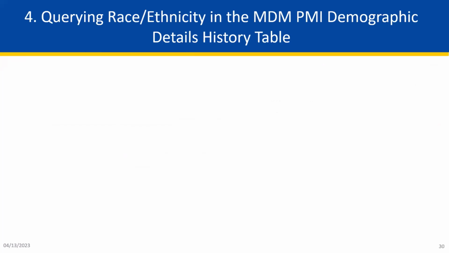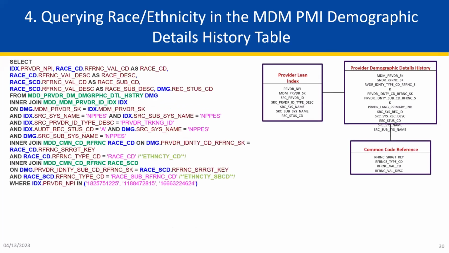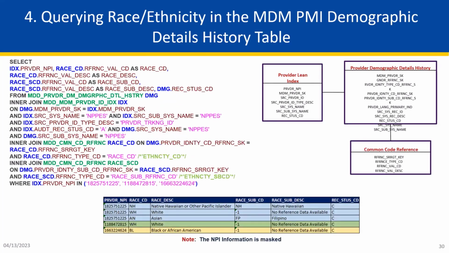Moving on. The last use case we'll talk about is how to retrieve race and ethnicity information using SPP tables. You might have observed that for SPP tables, we divided gender into one separate use case because if we combine all the queries, it is very big.